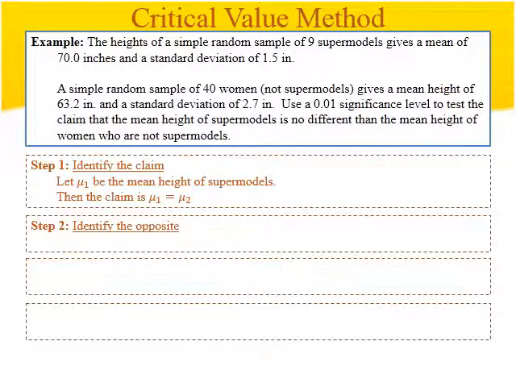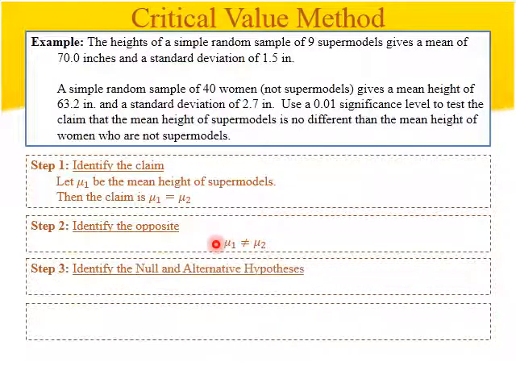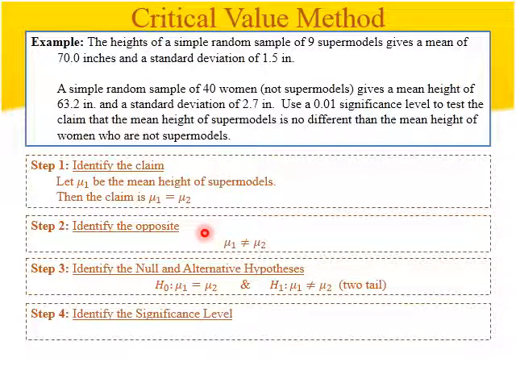So the opposite then is going to be mean 1 does not equal mean 2. And then from there we can get our null hypothesis. Of course, the one with the equal sign in it will be our null hypothesis, and the other one will be our alternative hypothesis. And this, of course, tells us that we're dealing with a two-tail test. So the significance level we're given in this problem is 0.01.